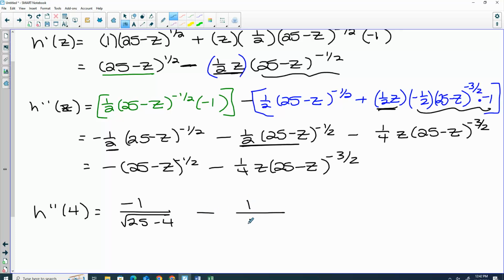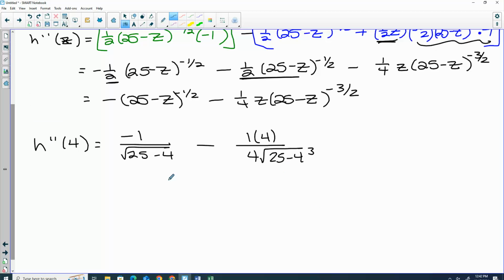Minus 1/4, the z would be 4 on the top, over the square root of 25 minus 4 cubed. Is it only the 4 cubed, or is it the whole thing? No, the square root is over the whole thing. Oh, I never rewrote that negative 3/2. I was really confused.